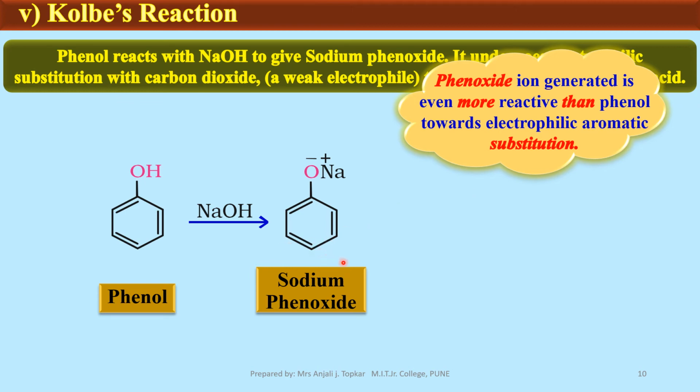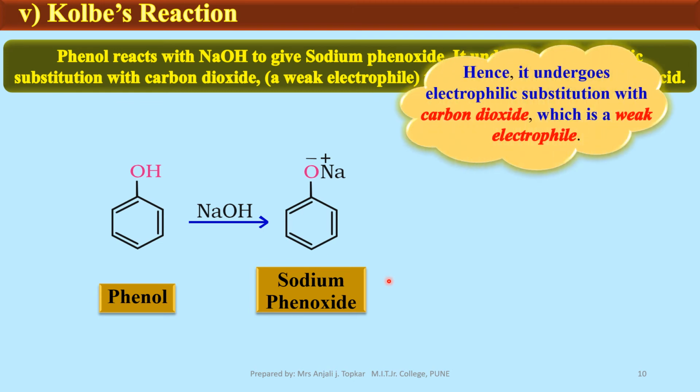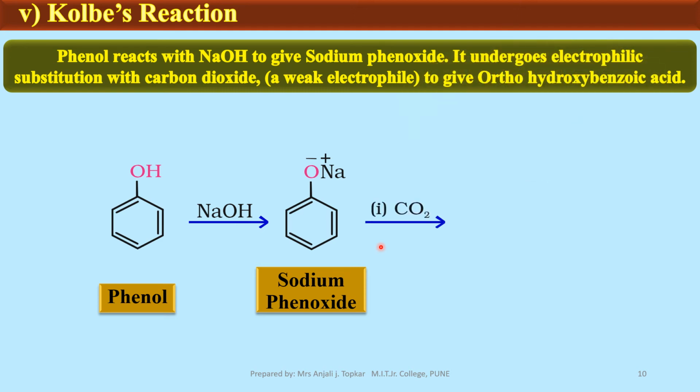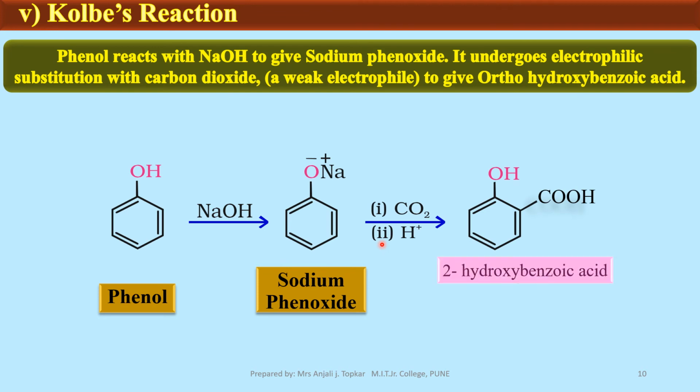Hence it undergoes electrophilic substitution with carbon dioxide, which is a weak electrophile, giving rise to formation of 2-hydroxybenzoic acid, that is salicylic acid.